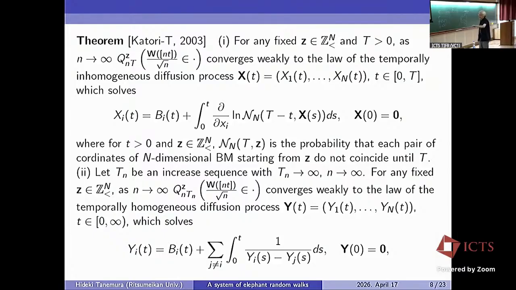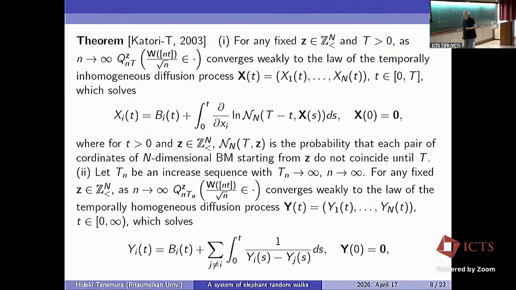This is very famous: Dyson's Brownian motion, the Brownian motion plus a term 1 over the distance between the particles of the process. This is a repulsive force. This is Dyson's Brownian motion with beta equal to 2.